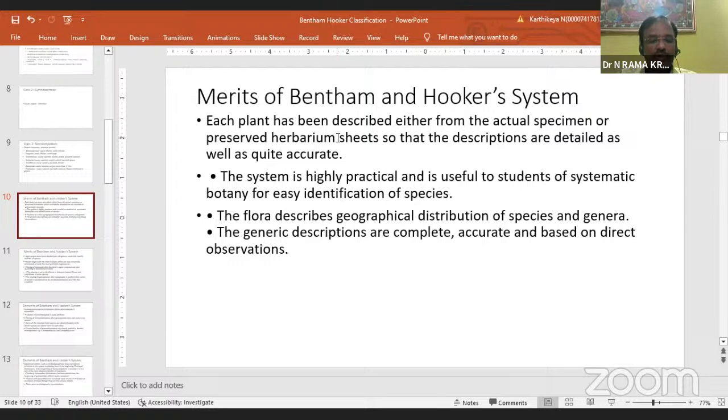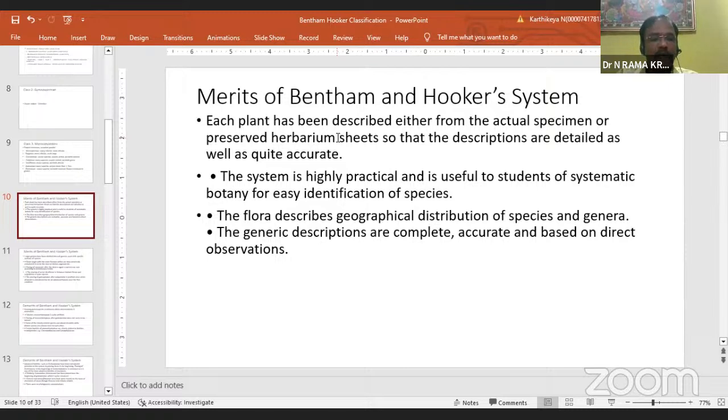The Gymnosperms are treated as an independent group. Some other scientists place Gymnosperms together with dicots. But here Bentham and Hooker gave them one particular place in the intermediate position between dicots and monocots.